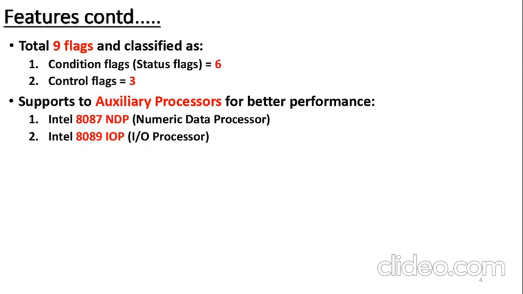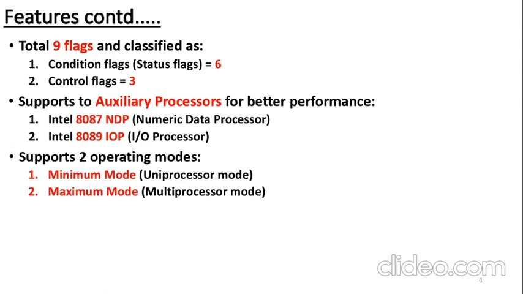It is a dedicated IO processor where every data transfer activity will be handled by that auxiliary processor, relieving the 8086 microprocessor of that function. So the microprocessor can concentrate on general control and general data processing operations. The 8087 NDP can perform numerical and floating point operations, and the 8089 can concentrate on IO data transfer operations.